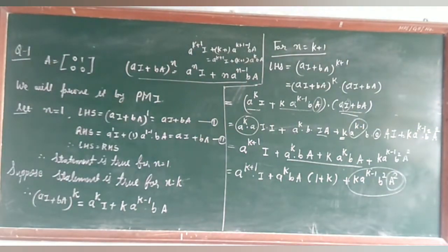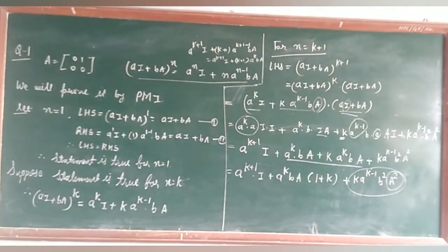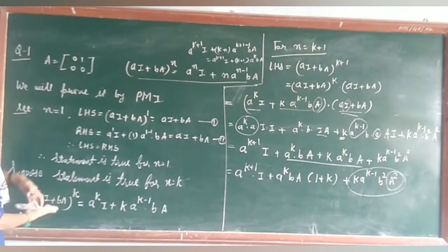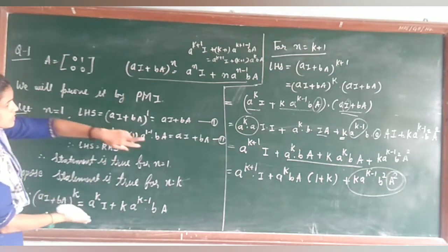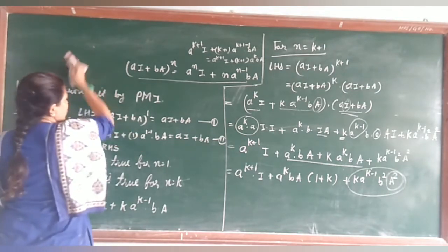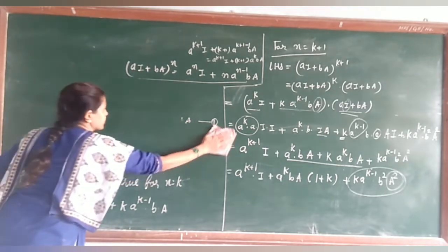Yes, A we have, so हम क्या कर सकते हैं, A square फाइंड कर लेते हैं. So you just note down students this side of proof everything. यहाँ पे हमने जो लिखा है ये सब तो आप प्रूफ कर लीजिए. So I will just find out the A square here. So I am going to prove A square.